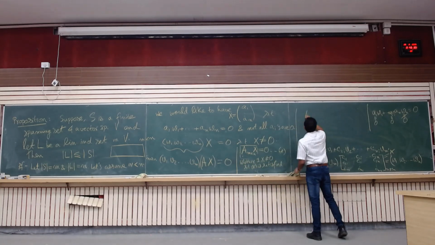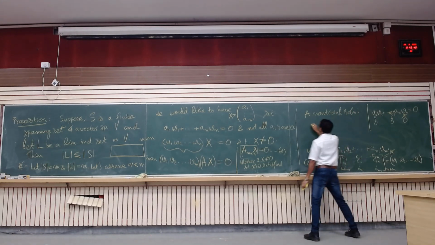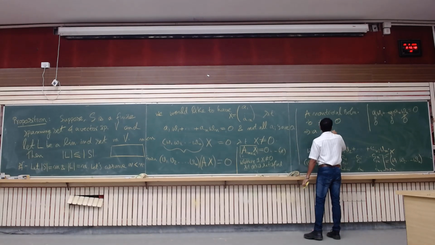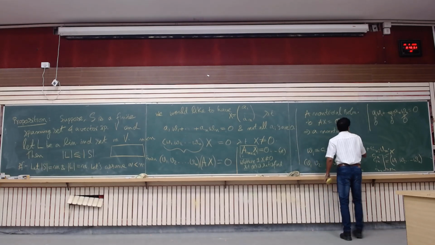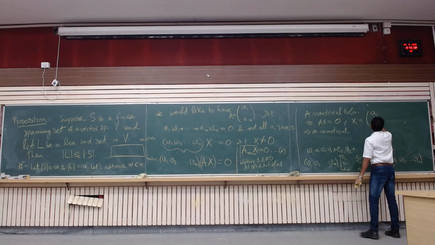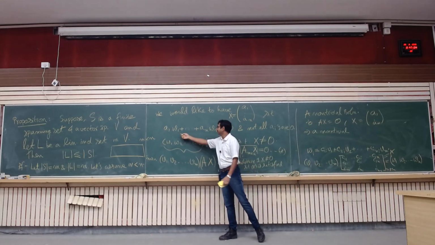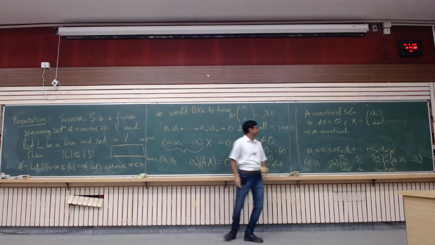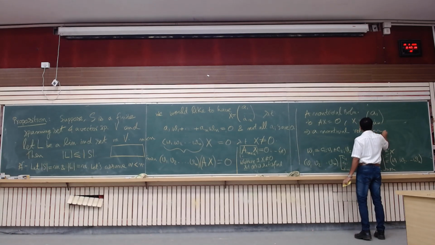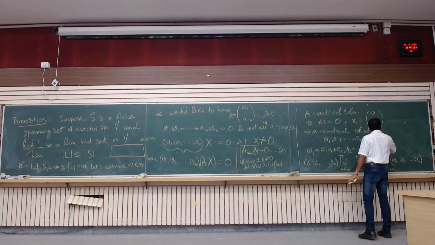So a non-trivial solution to Ax equal to 0 implies a non-trivial relation, where x was this a1 to an, the coefficients of the things in the linearly independent set L. This implies that there exists a non-trivial relation a1 w1 plus dot dot dot plus an wn equal to 0.